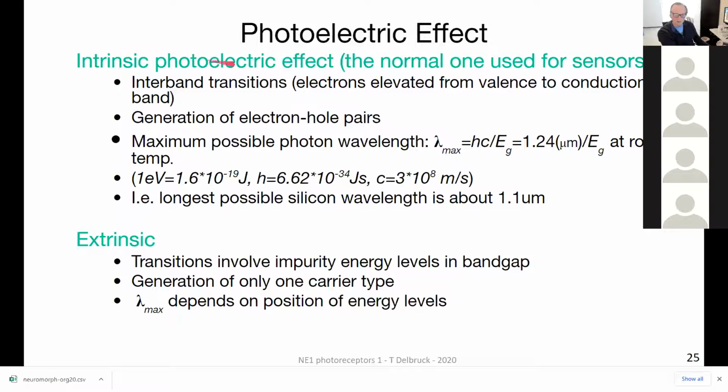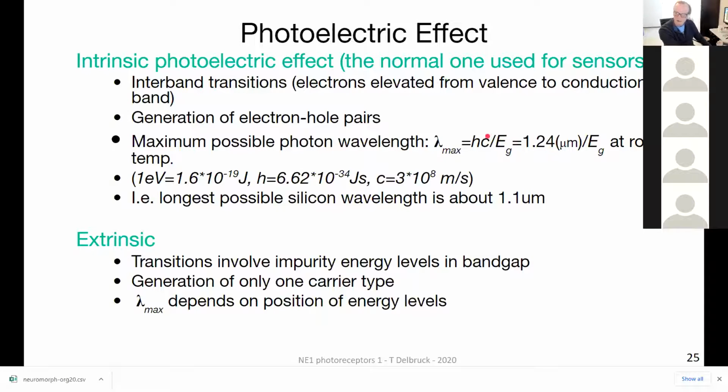Okay, so this intrinsic photoelectric effect, the one normally used for sensors, consists of interband transitions. So with electrons elevated from valence to conduction band, that results in generation of electron hole pairs, and the maximum possible photon wavelength is 1.24 divided by the band gap. Actually, it's 1.24 electron volts, right?